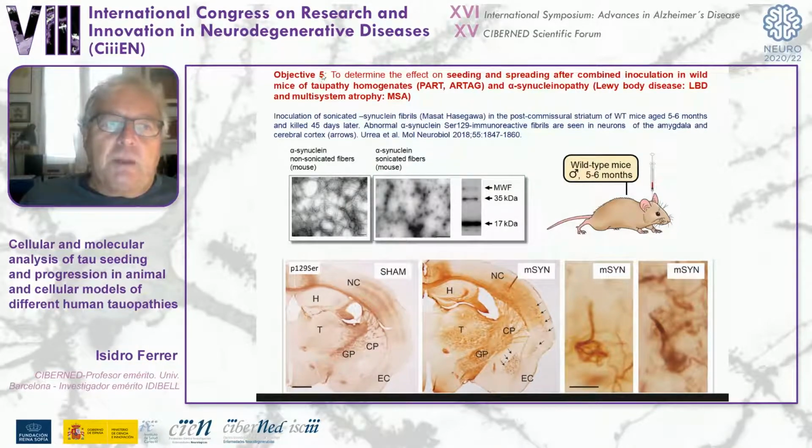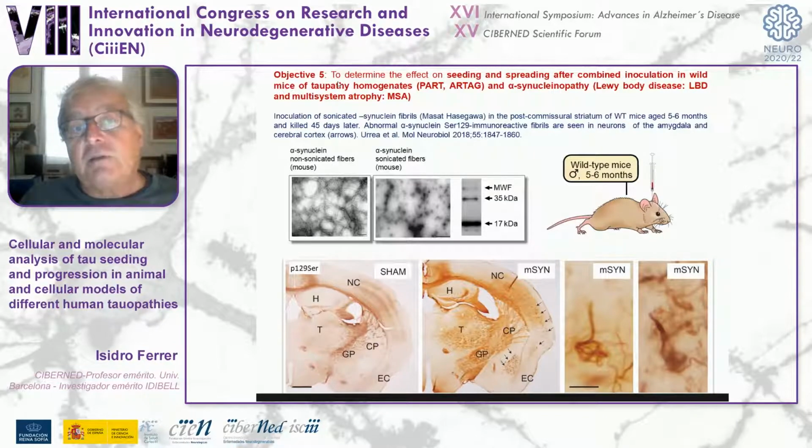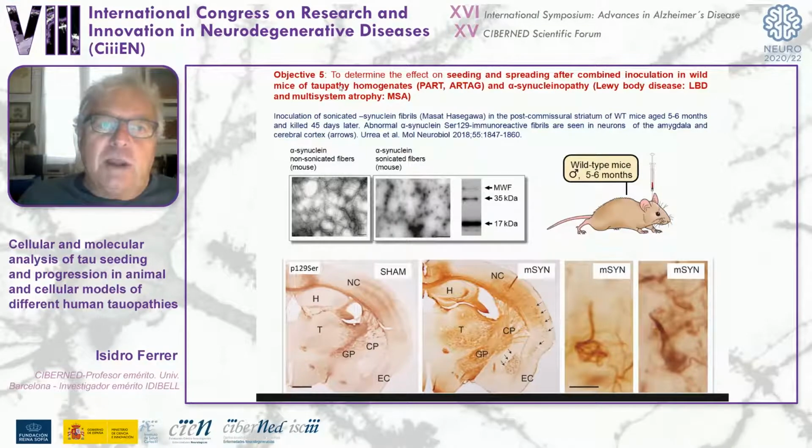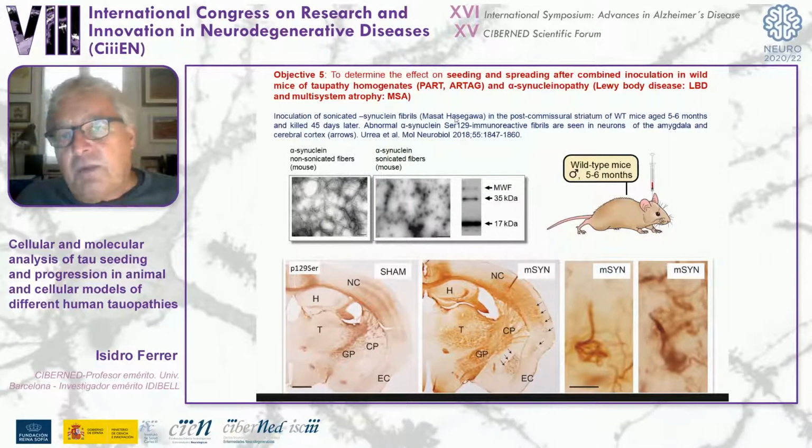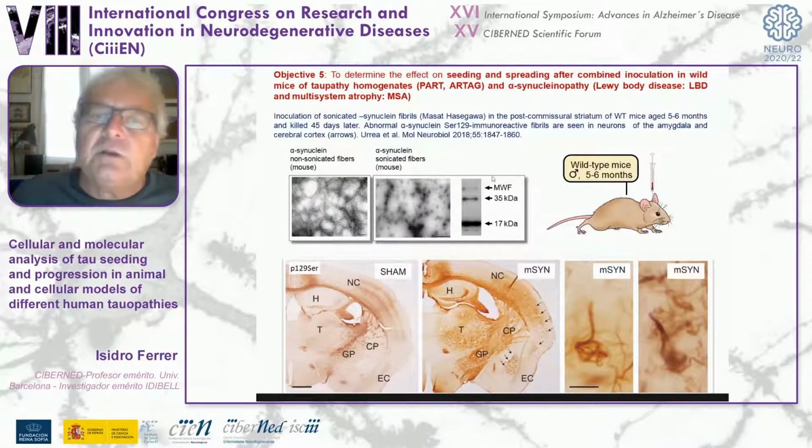Thank you. The other one is objective 5, in which we have tried to study the combination of different molecules. On the one hand, including tau, and on the other hand, including alpha-synuclein, because we tried to study the comorbidities that are present in human pathology.